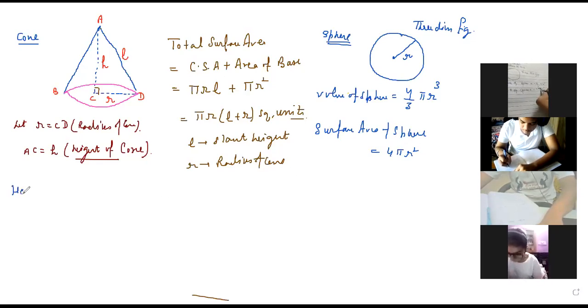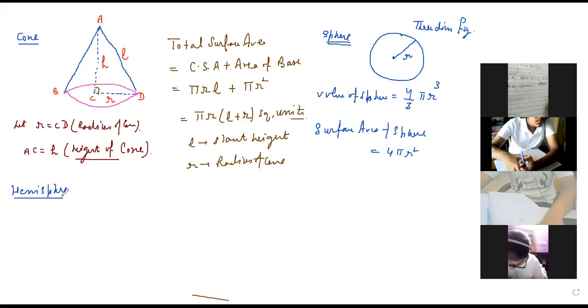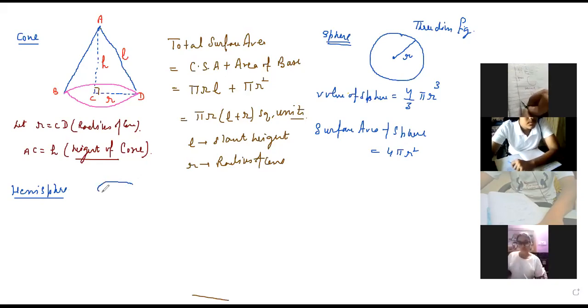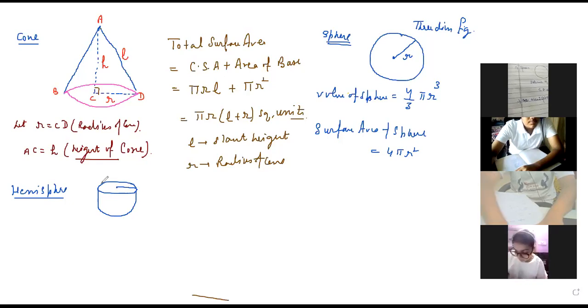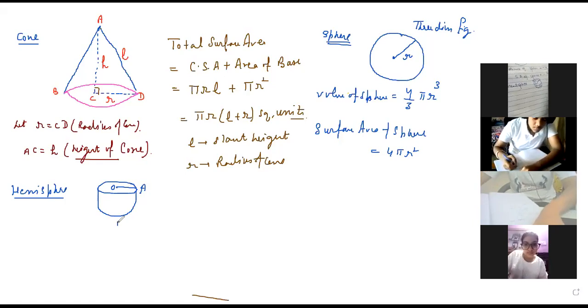Now here is a hemisphere. When I cut the sphere from the center, this sort of figure is called a hemisphere. So one additional circle is created on the hemisphere. Number one, volume.